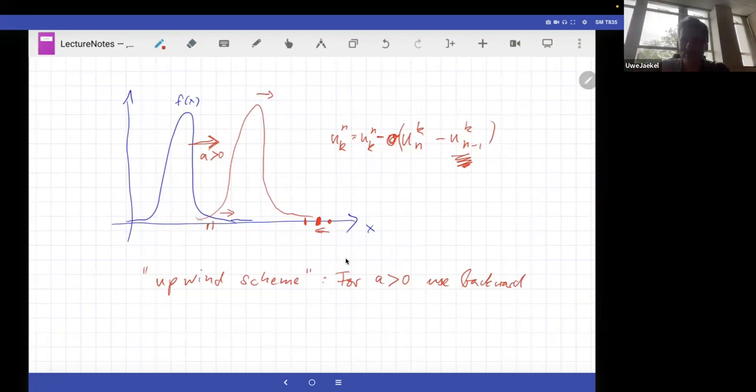Nevertheless, information is flowing from the left to the right, whether you sum it or subtract it. If we take the forward differences, there's no chance that we get the correct information.